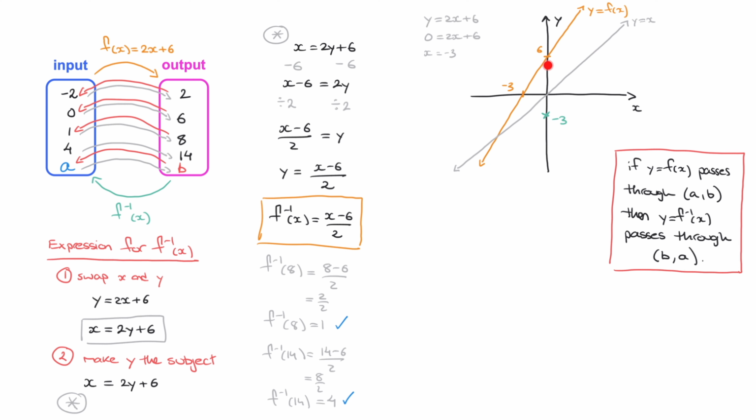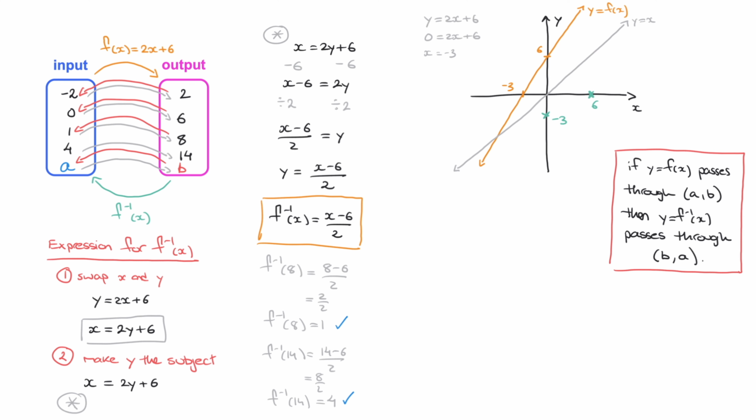Similarly, the graph y equals f of x passes through this point right here, whose coordinates are (0, 6). And consequently, thanks to this rule, we can state that inverse f of x has to pass through the point with coordinates (6, 0), which would be right here on the x-axis.